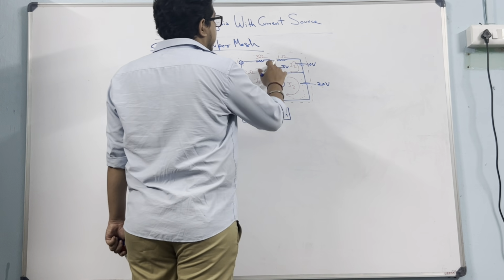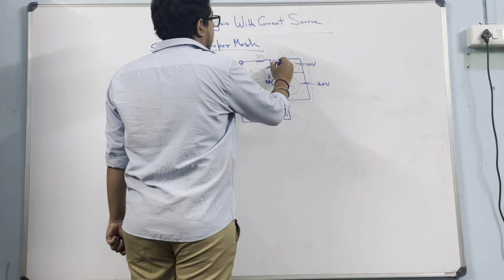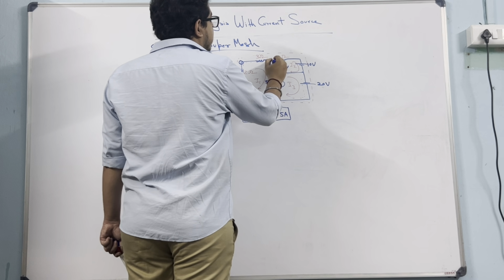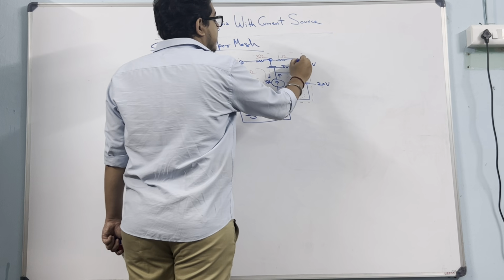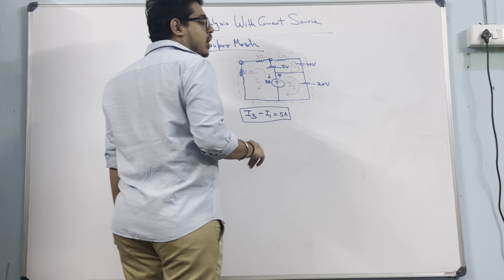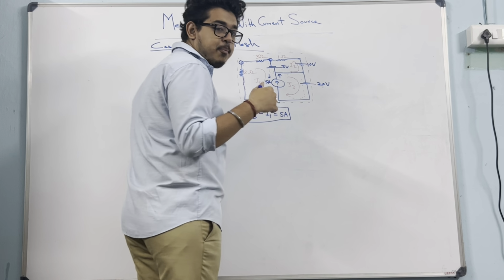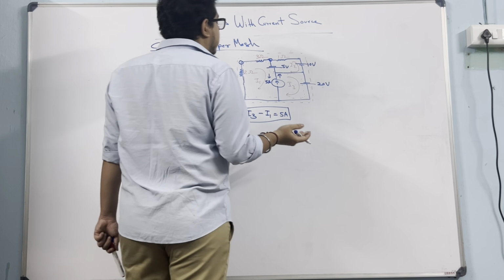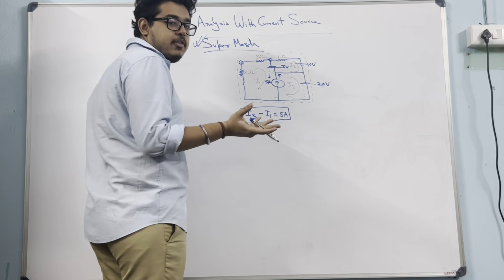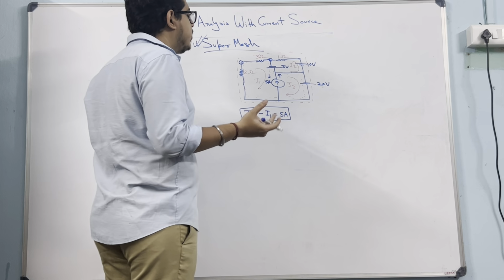One more equation will be of this mesh. In this mesh, I can start from this point, go like this, and come over this. So that could have been one more equation. So I don't need 4 equations anyway. 3 equations are more than enough for me.